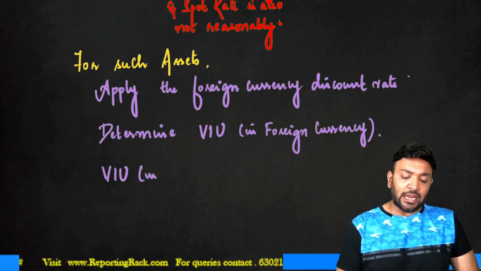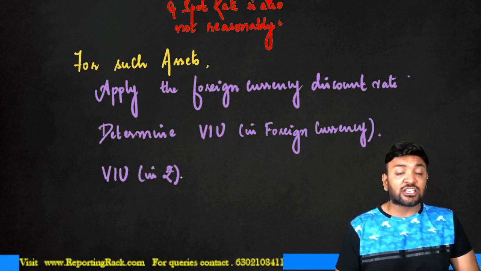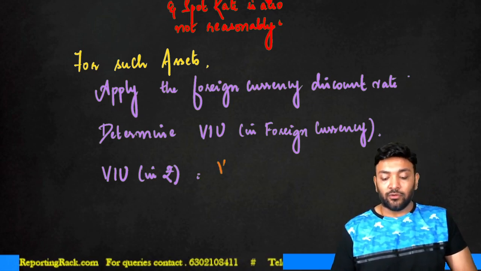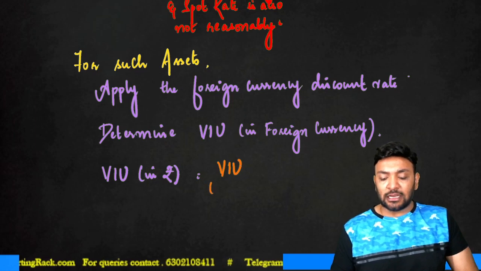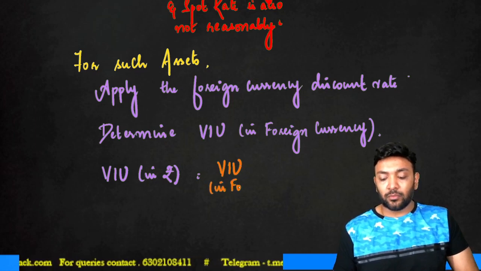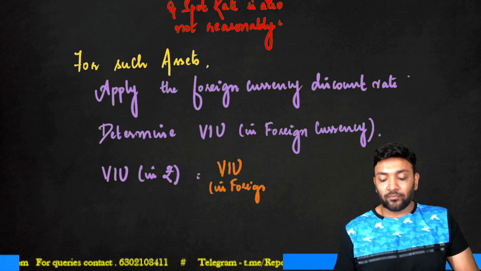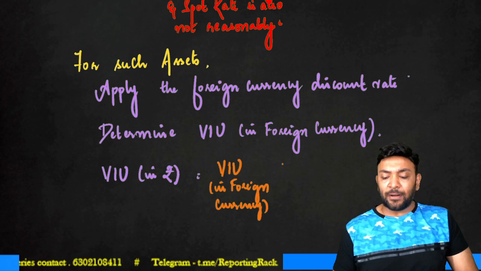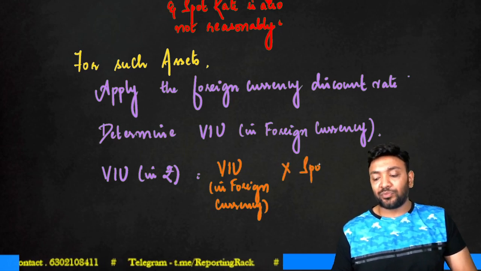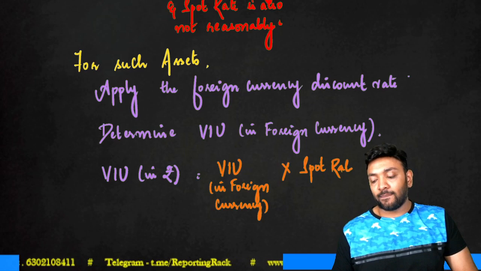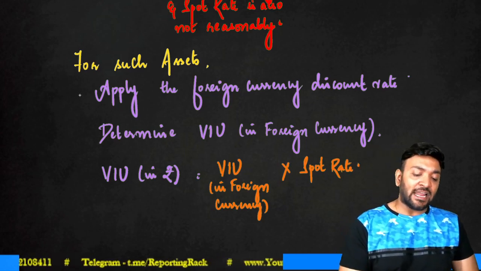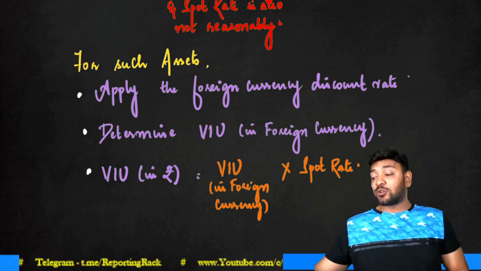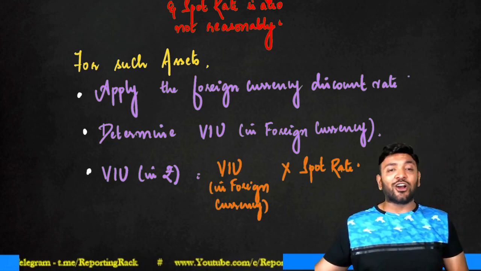Value in use in rupee terms, or in functional currency, is equal to VIU in foreign currency multiplied by spot rate. Now you will come up and say, one second, you said spot rate is not relevant. Again, you are multiplying it with spot rate only. What logic are you talking about?